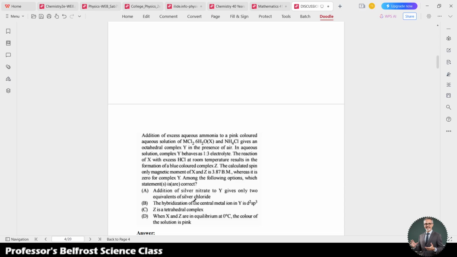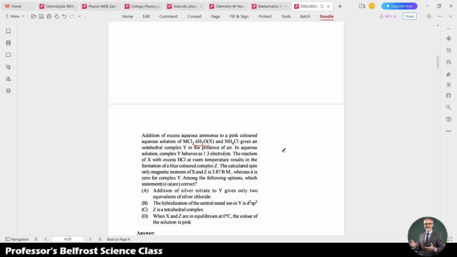Addition of excess aqueous ammonia to a pink colored aqueous solution of MCl2.6H2O (X) and NH4Cl, ammonium chloride, gives an octahedral complex Y in the presence of air.